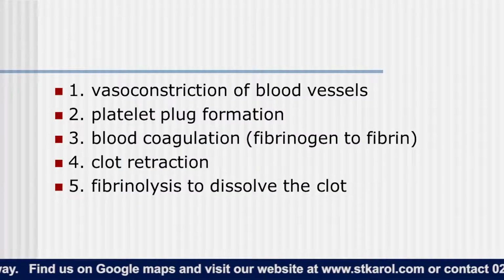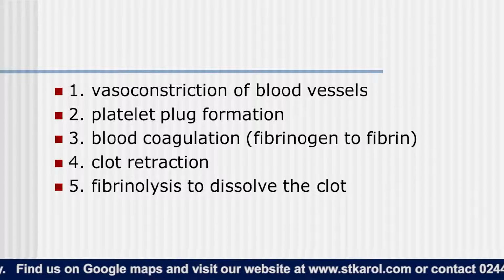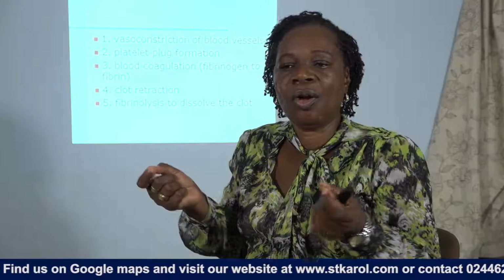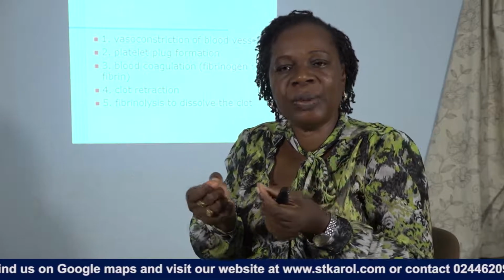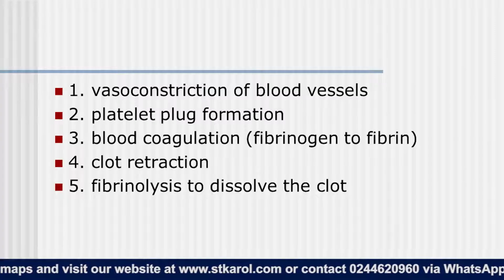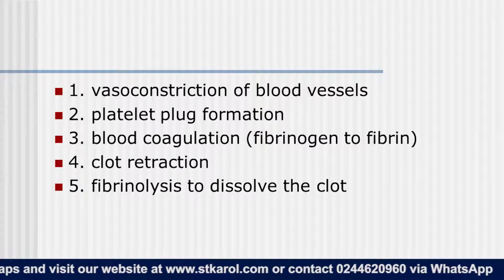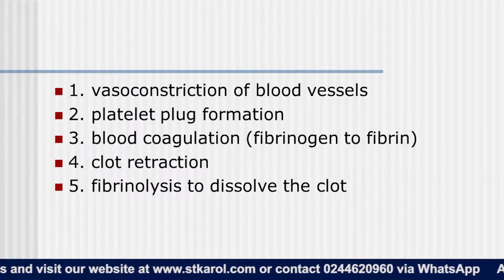Then it will retract, pull the ends of the wound together, and form a scab. When the wound heals below the scab, the scab is not necessary, and it just falls off. If it happens inside the body, it will go through fibrinolysis, where the blood clot is dissolved.